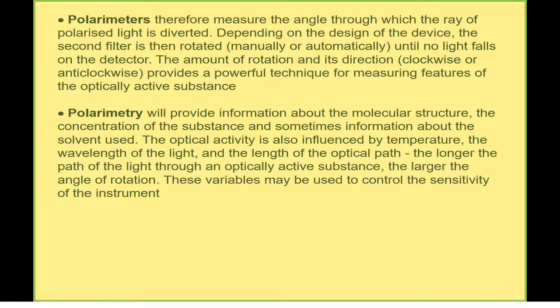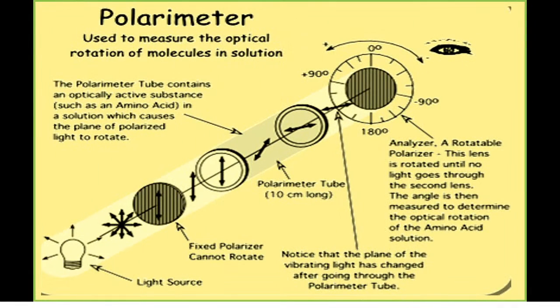Polarimeters therefore measure the angle through which the ray of polarized light is diverted. Depending on the design of the device, the second filter is rotated manually or automatically until no light falls on the detector. Look, what I didn't mention: there might be two cases.